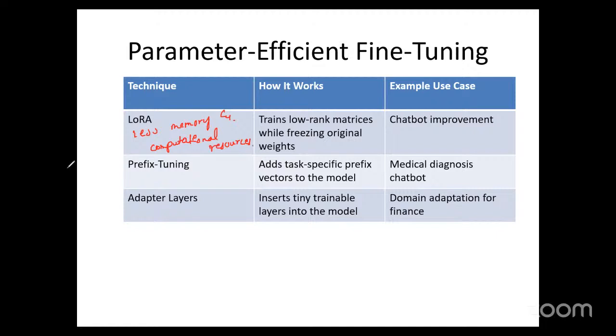So why do we need LoRA? What is the necessity of it? What happens in full fine tuning? It modifies all the parameters of the LLM, which requires a lot of memory and a lot of GPU power.